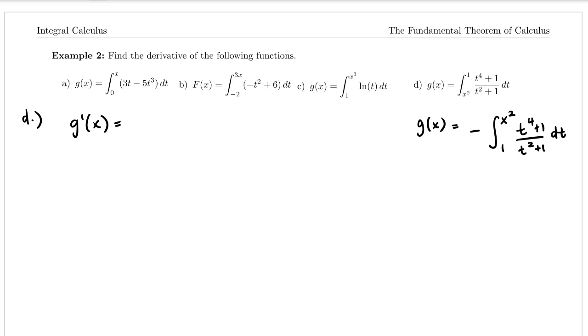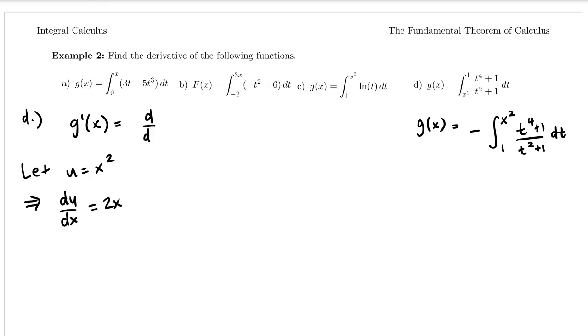So we'll again have to use the same methods we were using for the last two examples. So I'm going to say let u equal x squared. That implies that du/dx is equal to 2x.